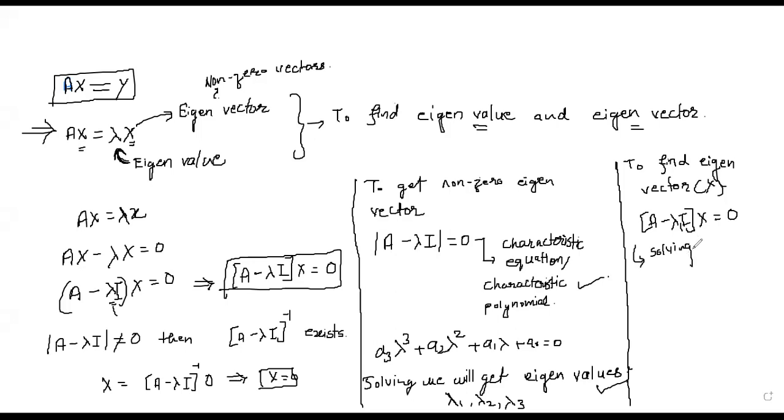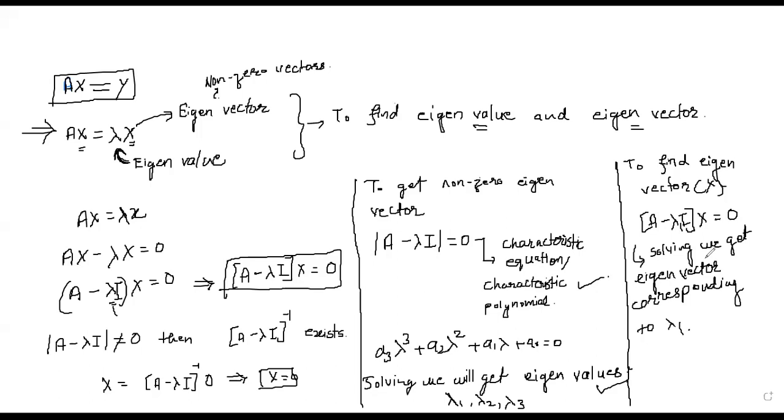Solving this, we get the eigenvector corresponding to lambda 1. Similarly, I'll put lambda 2 there: A minus lambda 2 times I, into x, is equal to 0. Solving that, we'll get the eigenvector corresponding to lambda 2. And similarly, the third one.